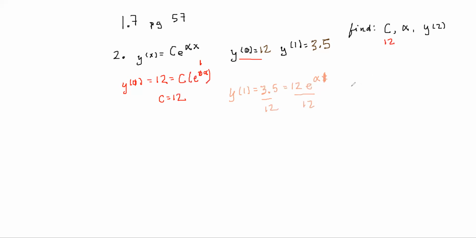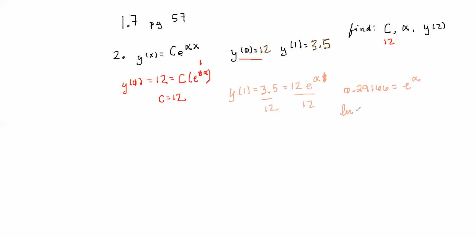just put it into my calculator. It's some number with an obscene amount of decimal points. 0.29166 repeating. And so that's going to be equal to e to the alpha.